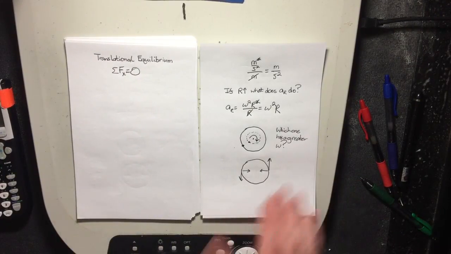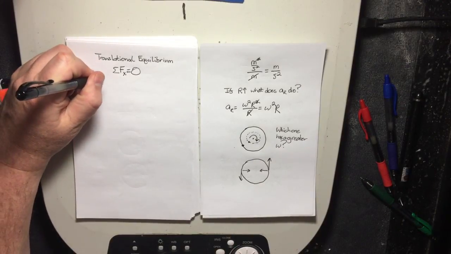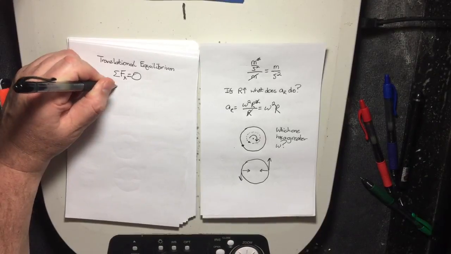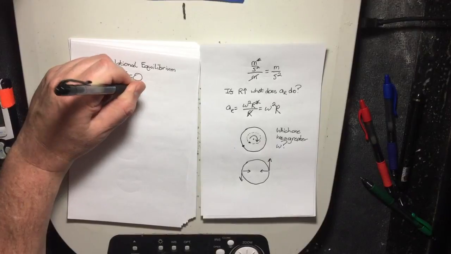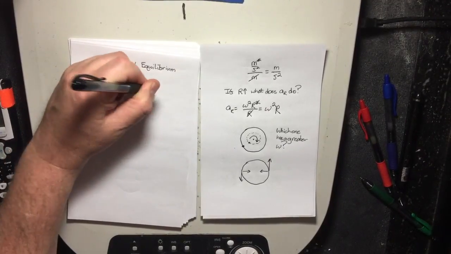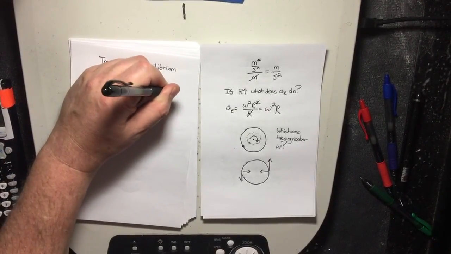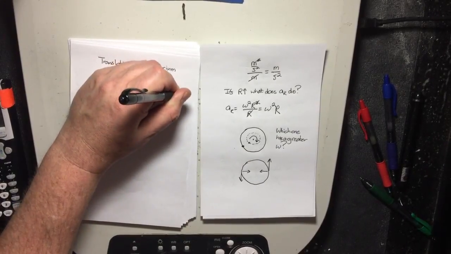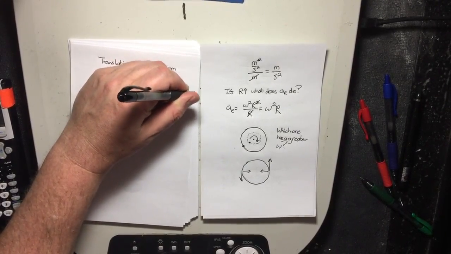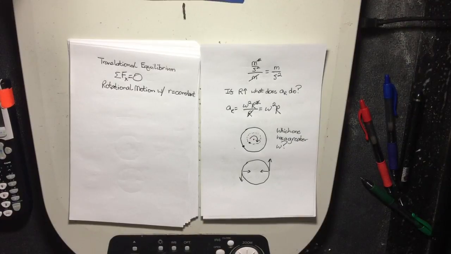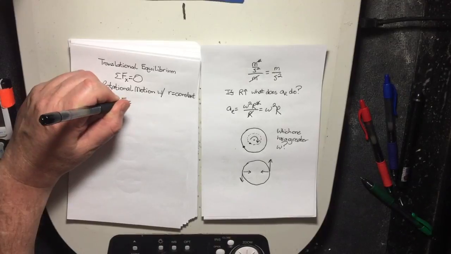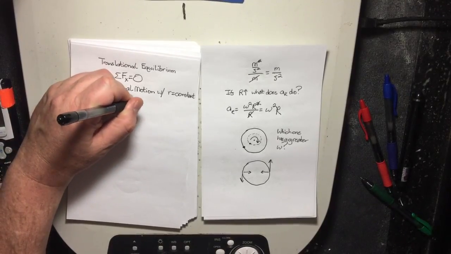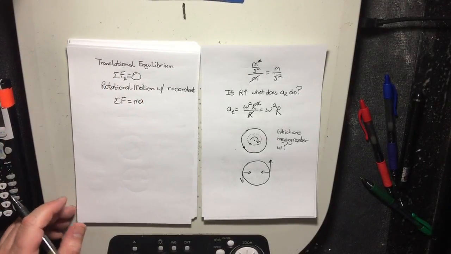If we're in a situation where we've got an object that's rotating, where the radius is a constant, the sum of these forces should add up to be ma.